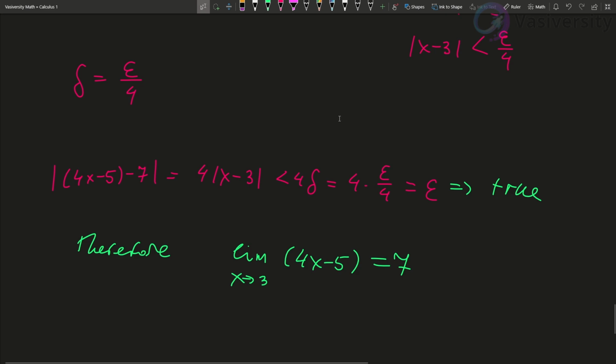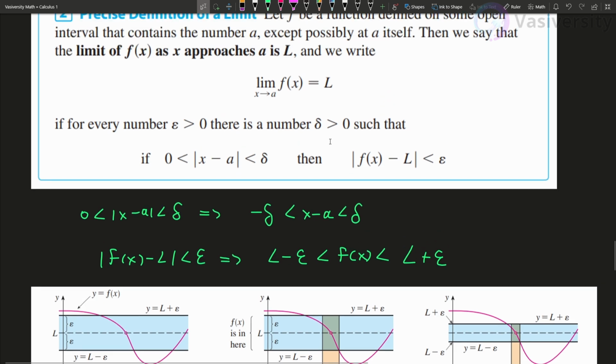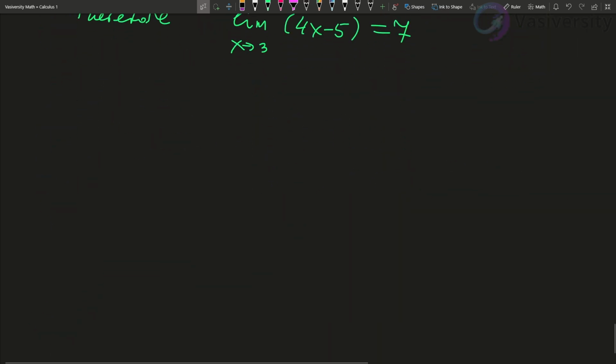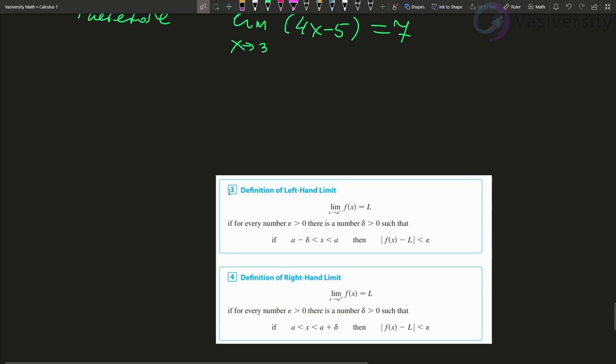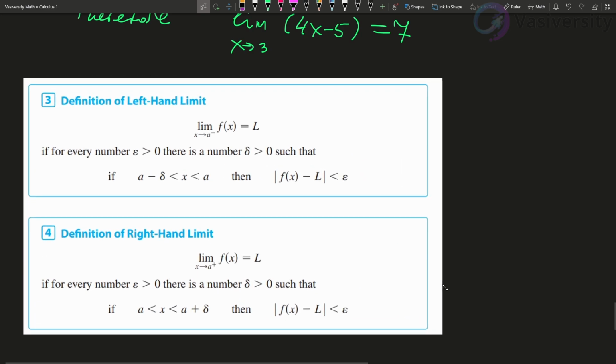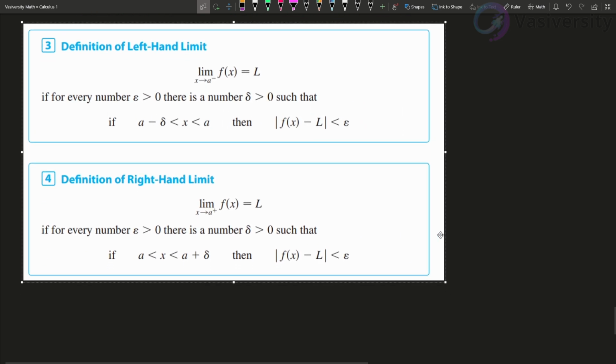Now, that was the full definition. But essentially, if we break down this definition part by part, we will get the following two definitions: the left-hand side limit and the right-hand side limit. Let's take a look. The definition of the left-hand side limit says that the limit of f of x as x approaches a from the left is equal to L if for every number epsilon greater than 0, there's a number delta greater than 0 such that this holds from the left side.